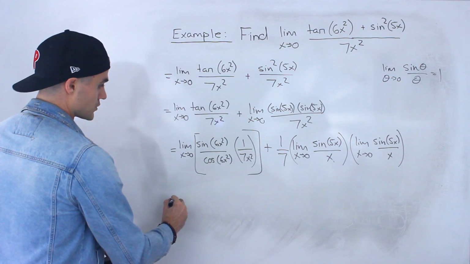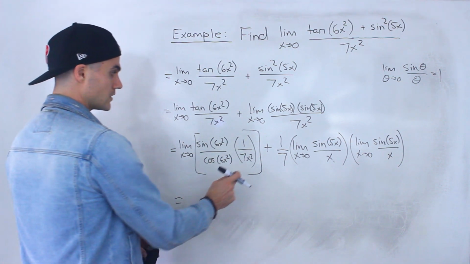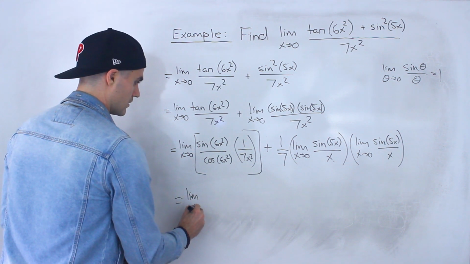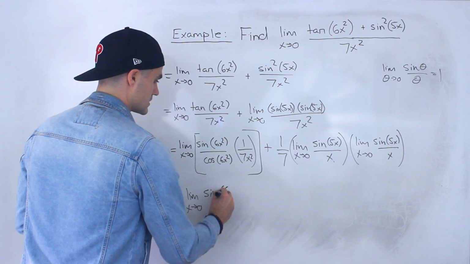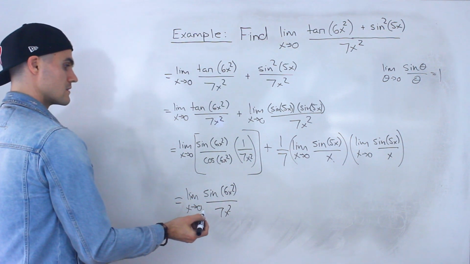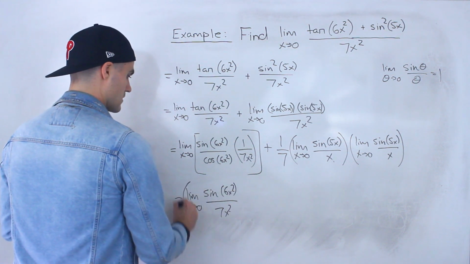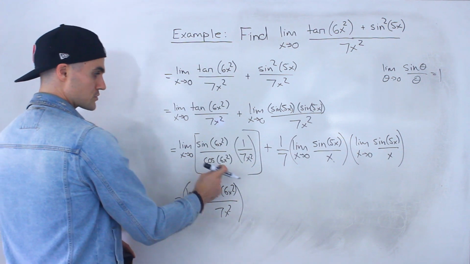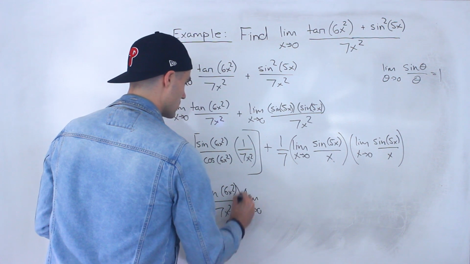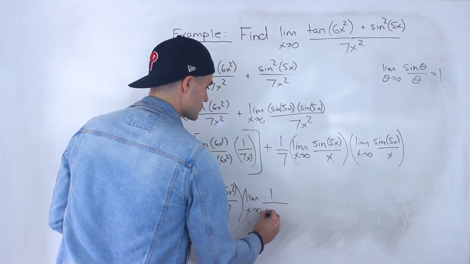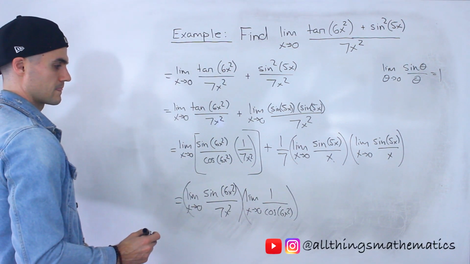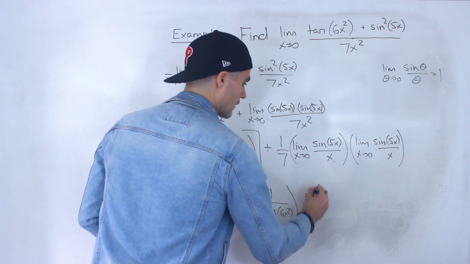From here, I'm going to take this 7x squared and put it with this sine 6x squared, so this is going to be over 7x squared. The 1 over cos 6x squared is going to be its own limit, so I'll have the limit as x approaches 0 of 1 over cos of 6x squared, and then 1 over 7.